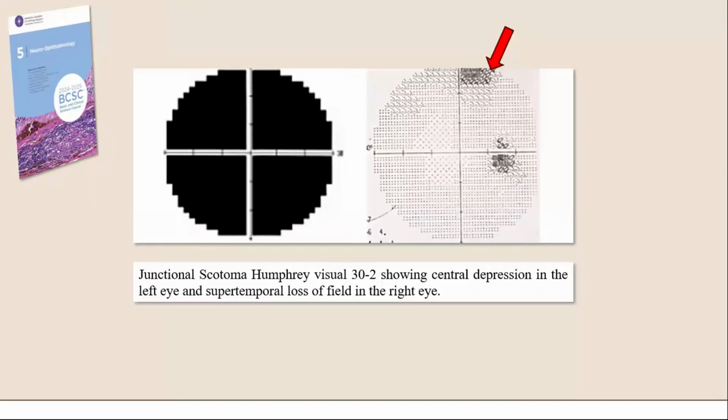This is a severe case of junctional scotoma, as you described earlier. Yeah, total blindness, or maybe the field is almost lost in the left eye. This is junctional scotoma, also because of the compression of the optic nerve at its junction with the chiasm.